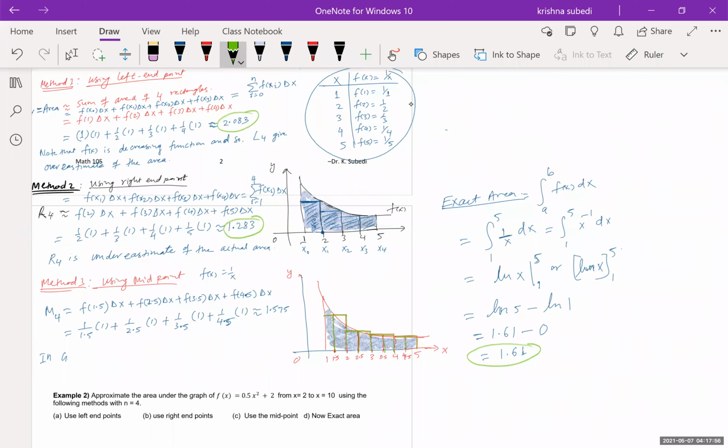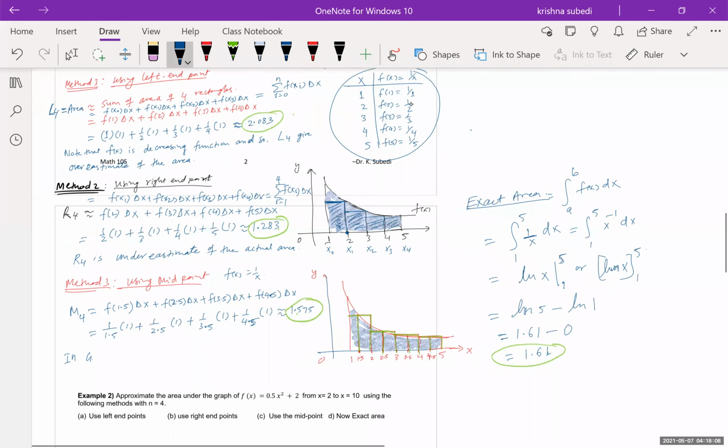And if you look at this, among these three methods, the midpoint is the better approximation to the exact area. In general, that is the case: midpoint gives a better approximation.